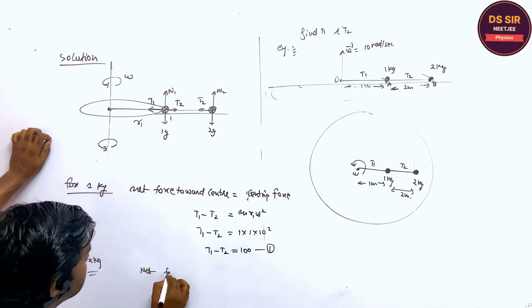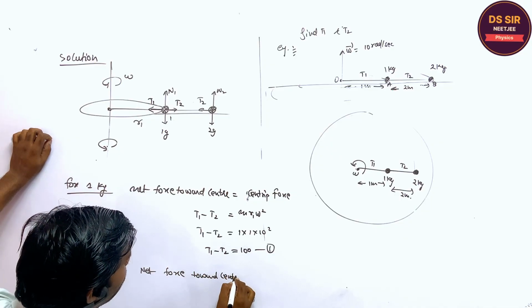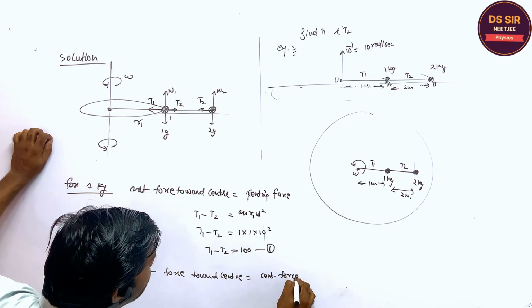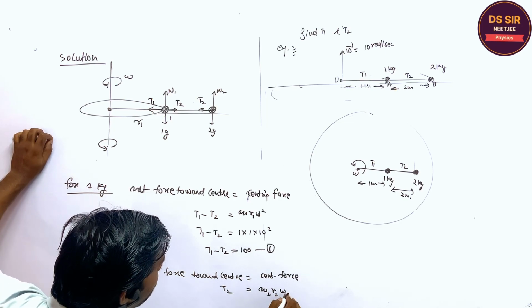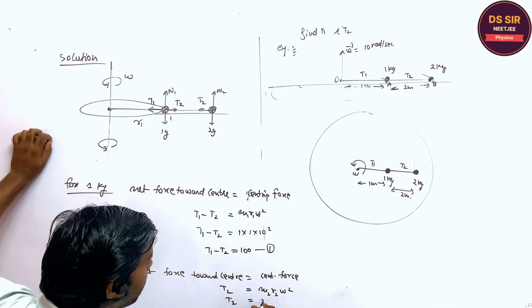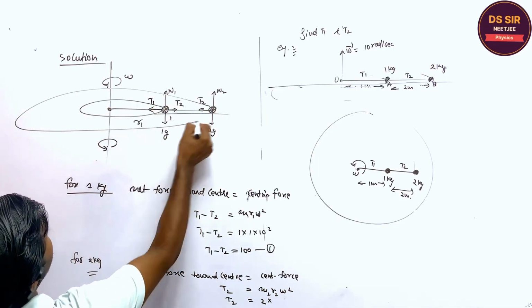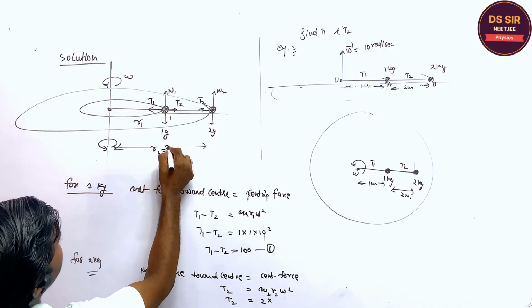Yes, net force towards the center will provide the required centripetal force, and this is only T2 which will provide m2 r2 omega square. The angular velocity will be the same. The m is 2. Can you tell me what will be the radius of this circle? 3 meters.